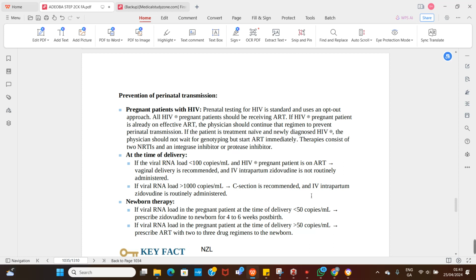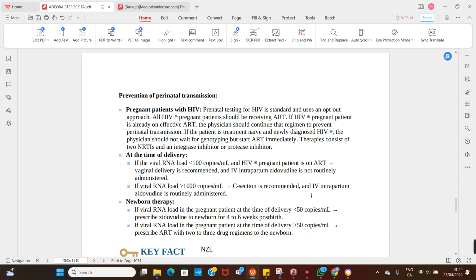So at the time of delivery, if the viral load of the mother is 1,000 plus, you need a cesarean delivery immediately because there's a very high chance of spreading to the child during birth, and you have to give intrapartum zidovudine. But if it's less than 1,000 copies, you want to do a vaginal delivery, and you don't need to give intrapartum zidovudine. That's just it.